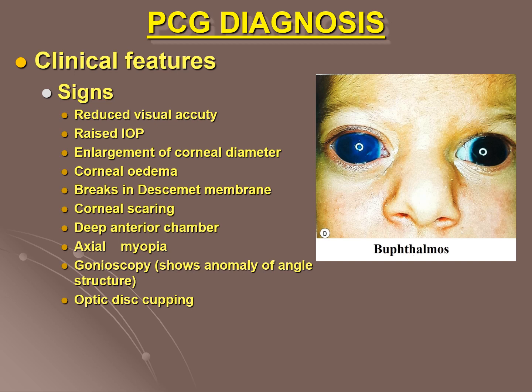Later on, corneal scarring. Deep anterior chamber, it may cause axial myopia, and gonioscopy shows anomaly in the angle structures. And if you see the fundus, the optic disc shows cupping.